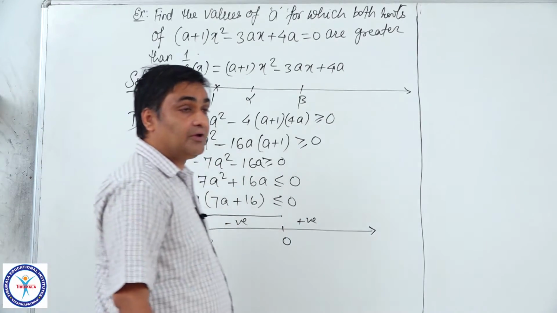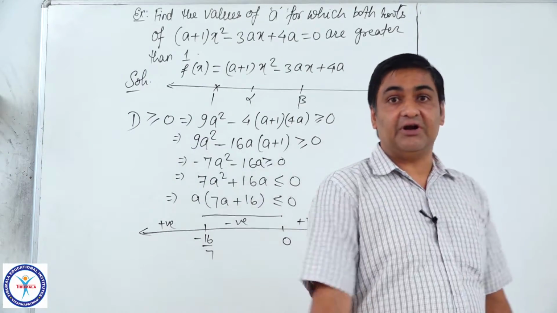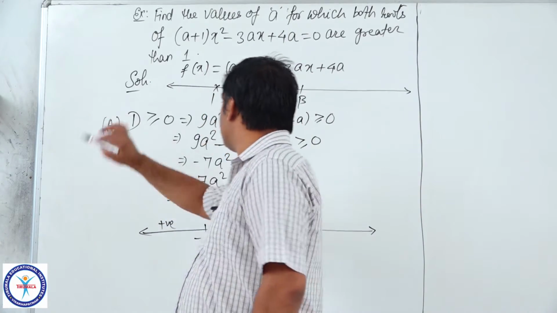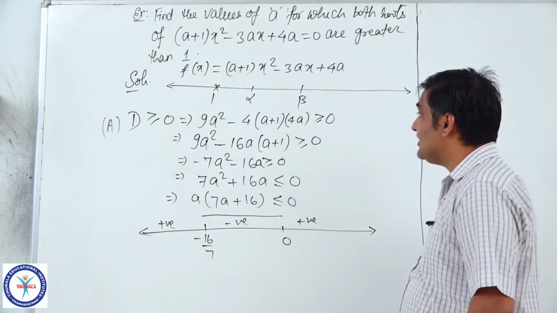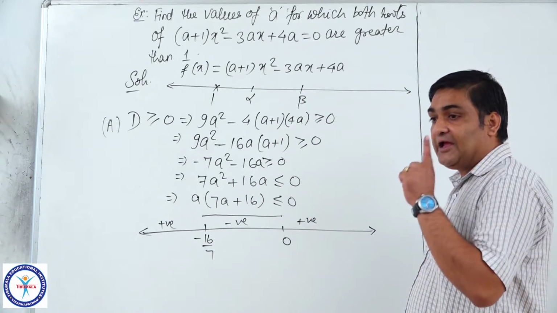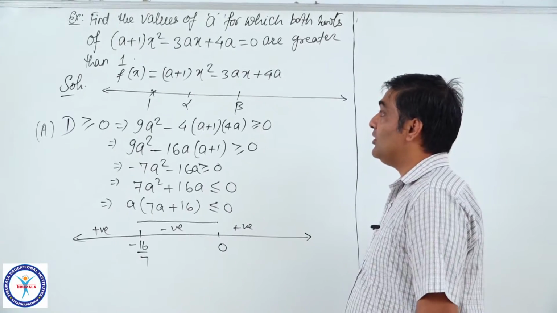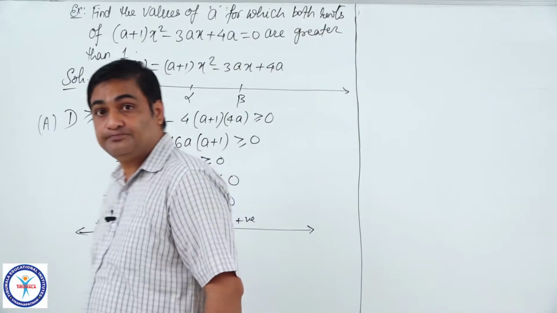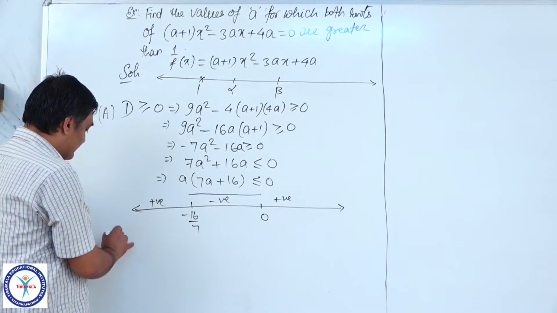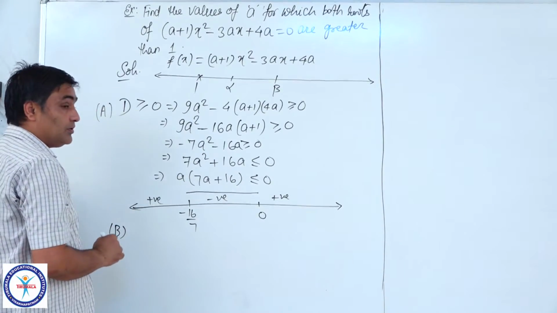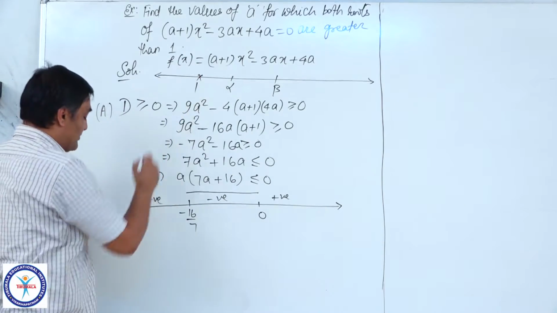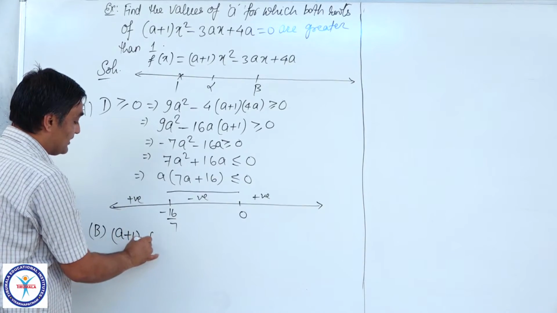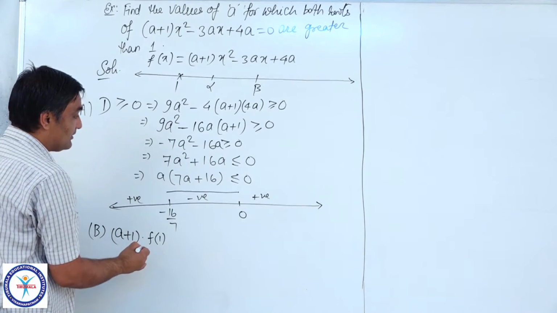See, this is only the first condition we have solved. What is the next condition? a·f(k) should be greater than 0. So in place of a, here it is a+1, the coefficient of x². f(1) is what?